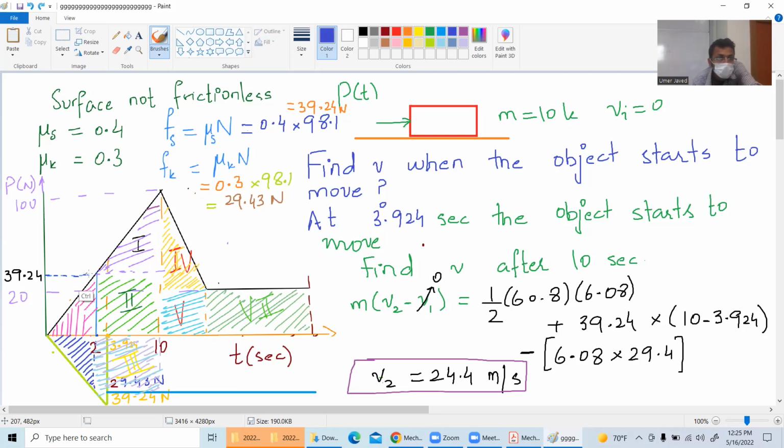At this point, it's 2 seconds. No, no. One minute. This is 20. This is 2. Did I make it clear? This is 20. This is 2. This is 39.24, goes all the way here and cuts at 3.924. Okay. Right?